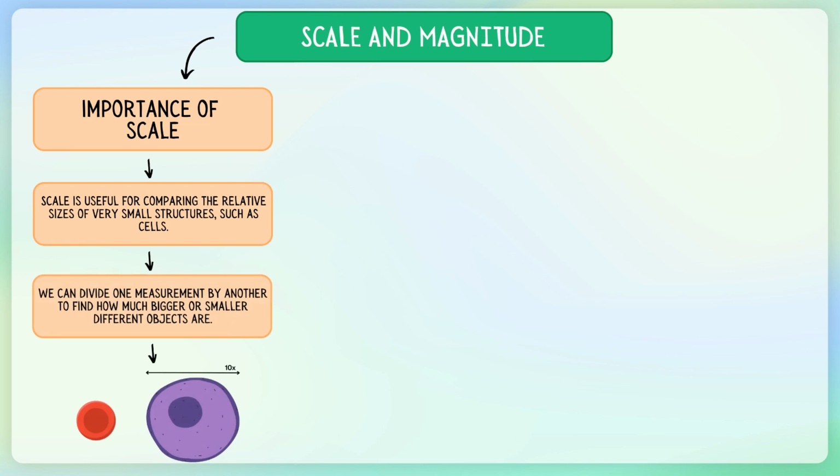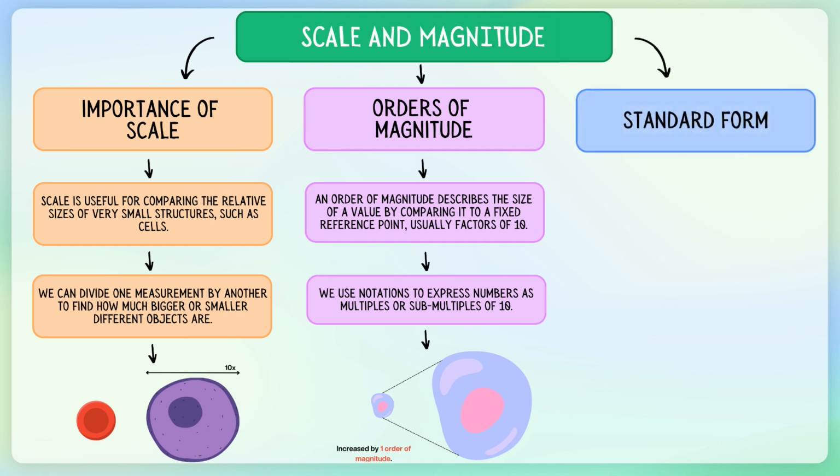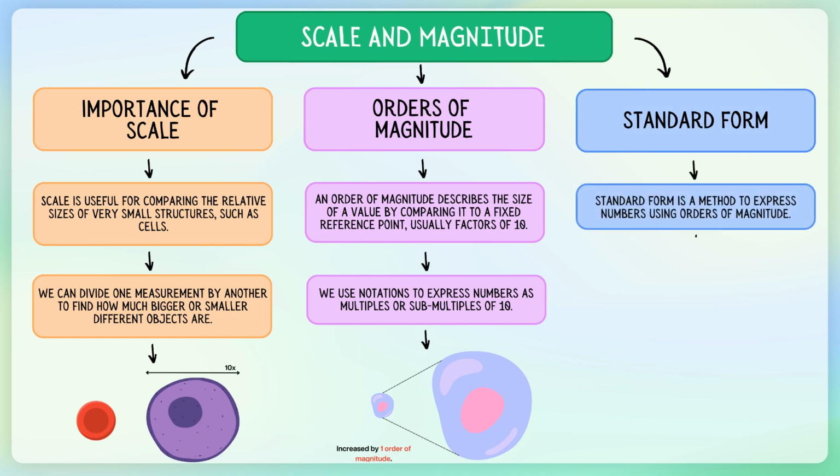We learned that we can calculate scale by dividing one measurement by another. This involved understanding orders of magnitude, a method that allows us to express differences in size through powers of 10. We also focused on standard form, which enables the representation of very large or very small numbers, making them easier to work with in calculations and scientific communication.